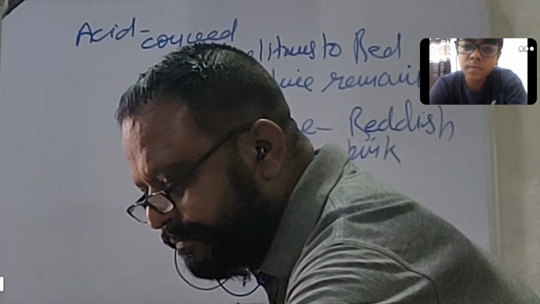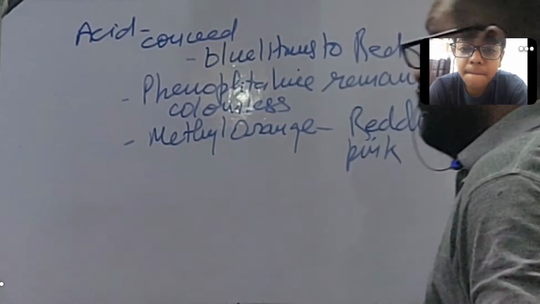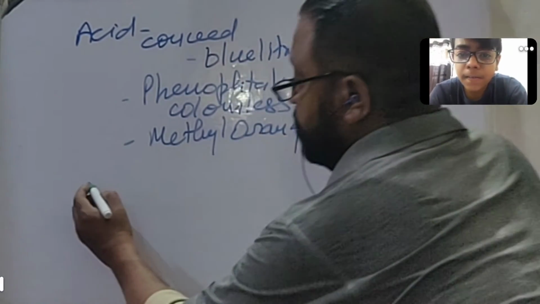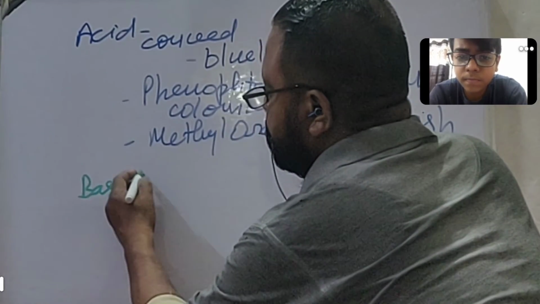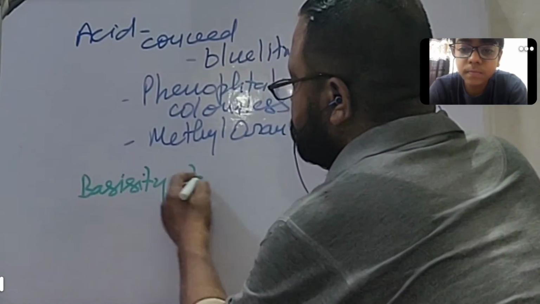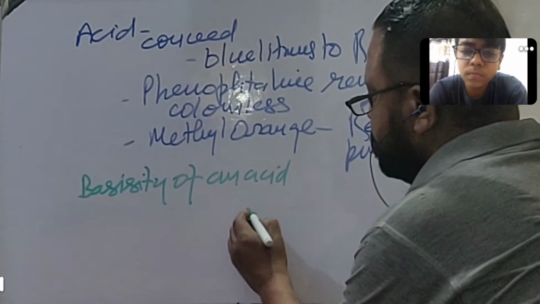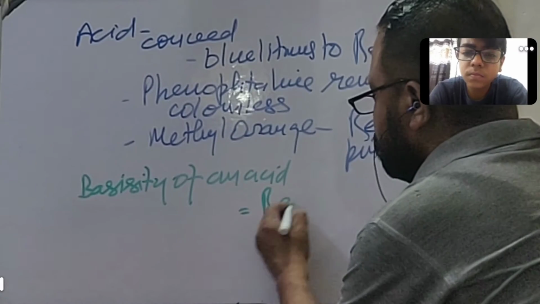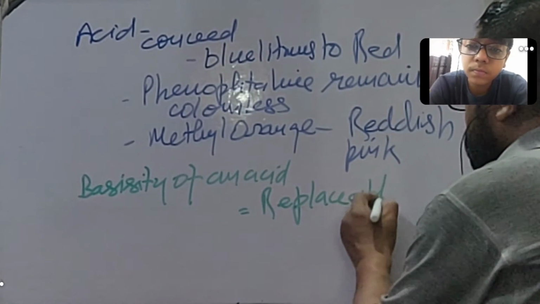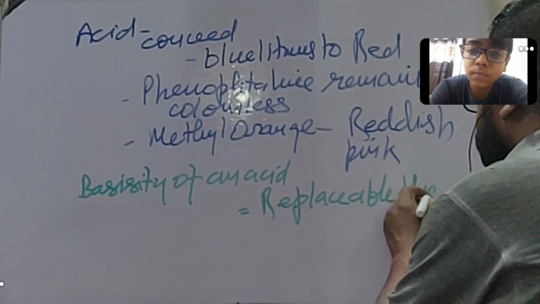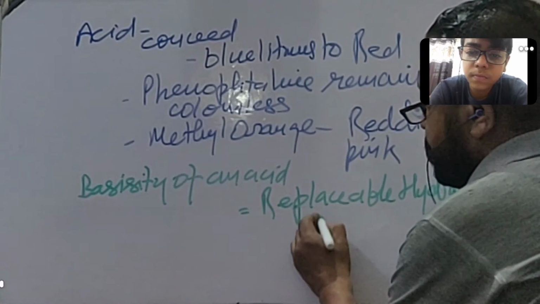And one thing which I would like to share here: the basicity of an acid is the number of replaceable hydrogen ions, right?